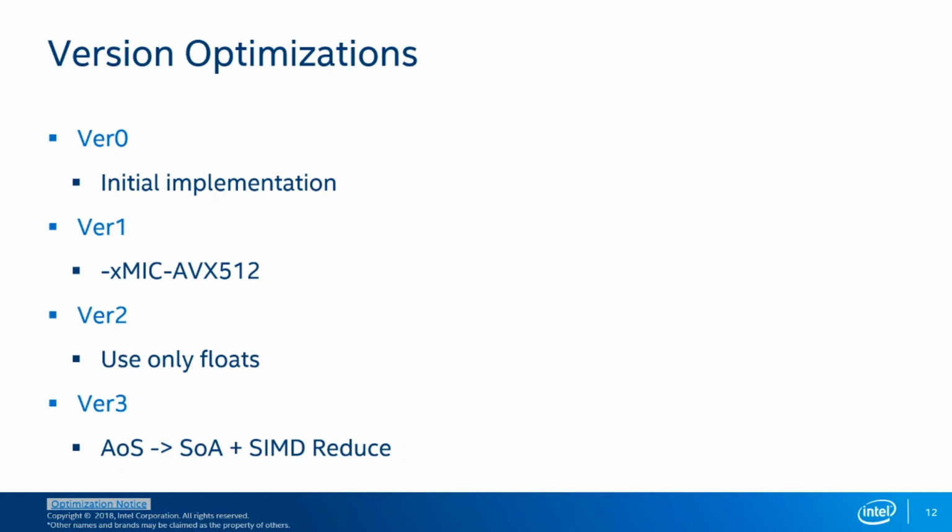In version 1, we add the -xMIC-AVX512 flag to generate AVX512. Version 2 changes the code to only use floats as opposed to using floats and doubles. And finally, version 3 does an AOS to SOA transformation along with a SIMD reduce.